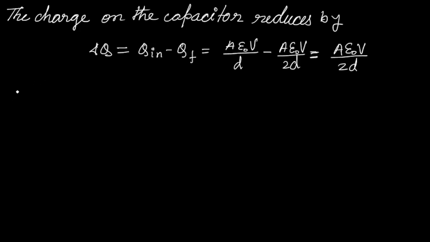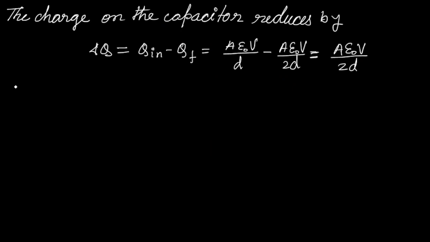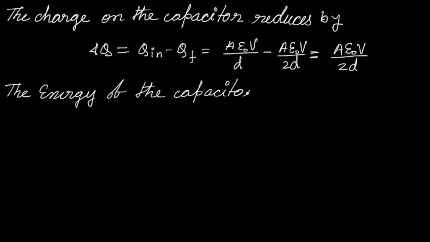The second thing I want to calculate is how much energy of the capacitor is reduced in this case. You can see this is the final energy and this is the initial energy, and the final energy is less than the initial energy. So the energy of the capacitor also reduces by delta U equals U initial minus U final.